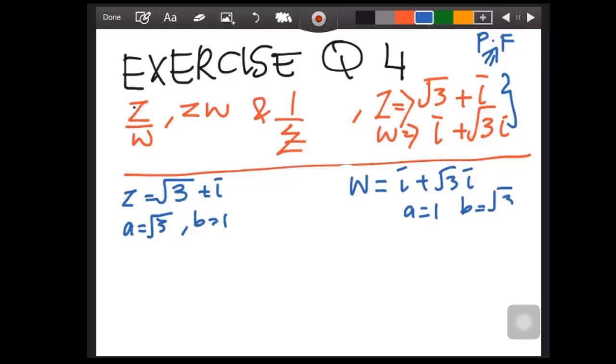Okay, now kita carilah dia punya Z modulus ataupun r dia. So square root 3 kuasa 2 tambah dengan 1 kuasa 2. So kita akan dapat 3 tambah 1, 4. Ada square root kat sini kan.